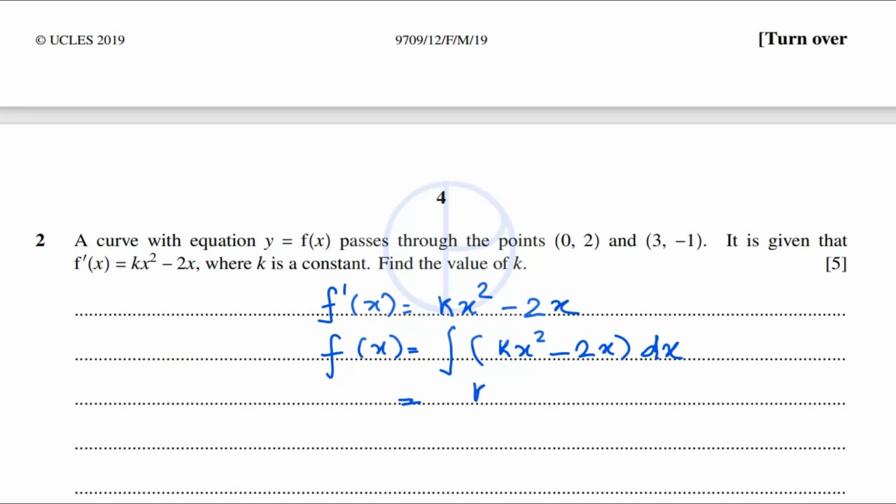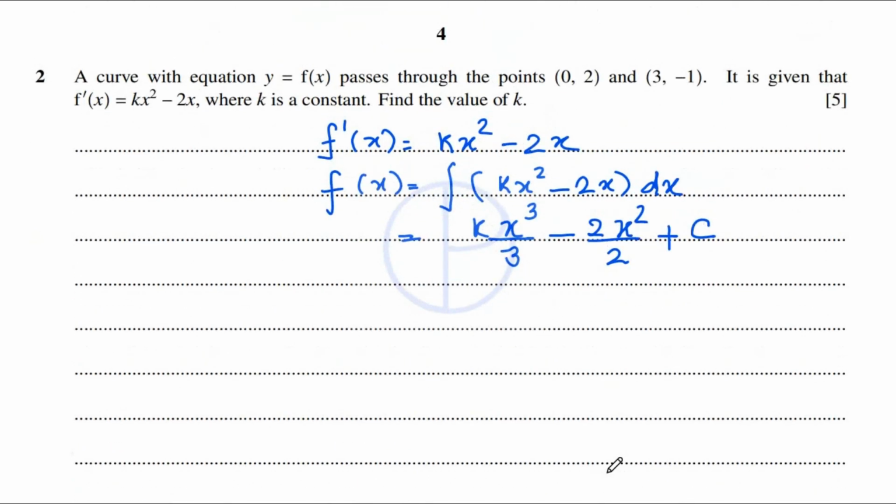This is equal to k x, increase the power of x by 1, so x cube divided by 3, minus 2 x square divided by 2, plus the constant c. So f of x equals kx cube divided by 3 minus x square plus c.